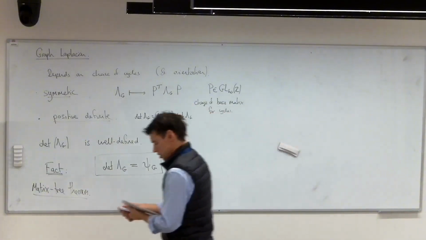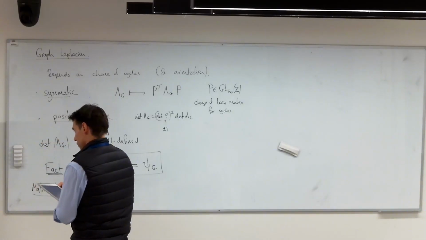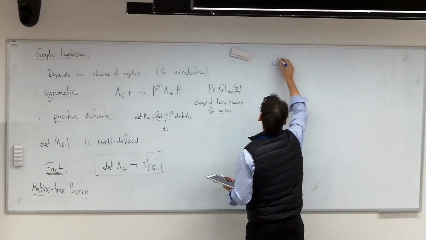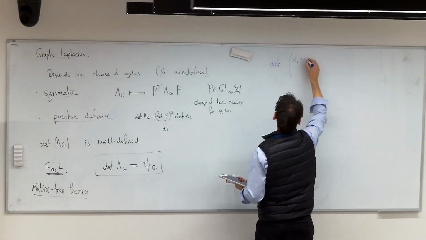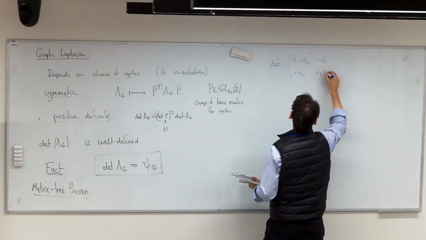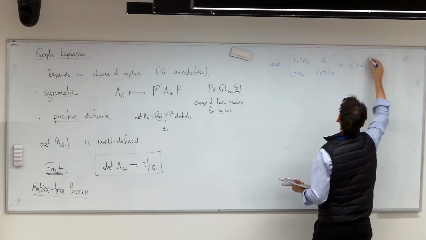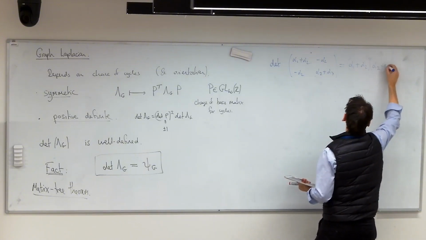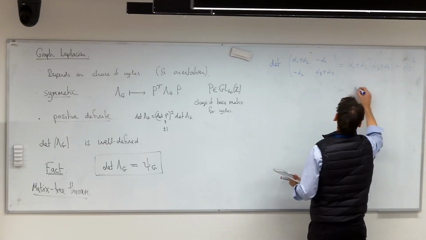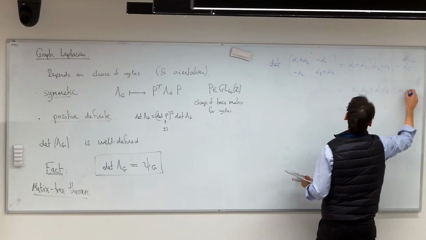So let's do this example. The determinant of the matrix with entries alpha 1 plus alpha 2, minus alpha 2, minus alpha 2, alpha 2 plus alpha 3 is (alpha 1 plus alpha 2)(alpha 2 plus alpha 3) minus alpha 2 squared, and it equals alpha 1 alpha 2 plus alpha 1 alpha 3 plus alpha 2 alpha 3.